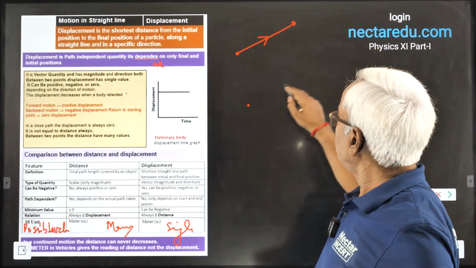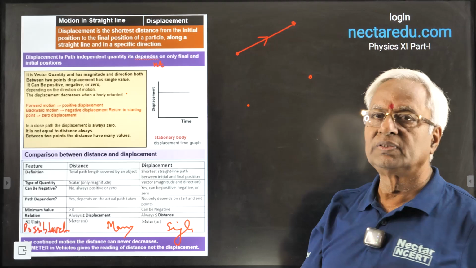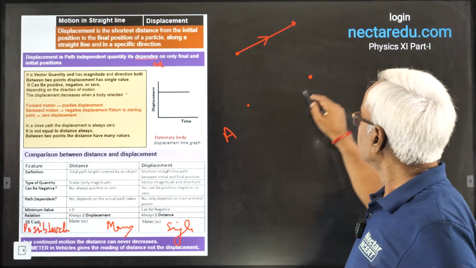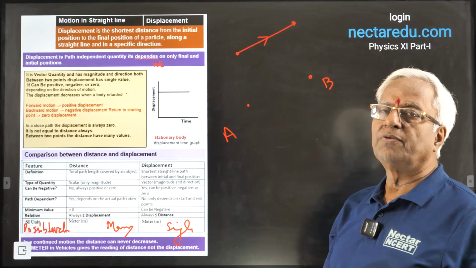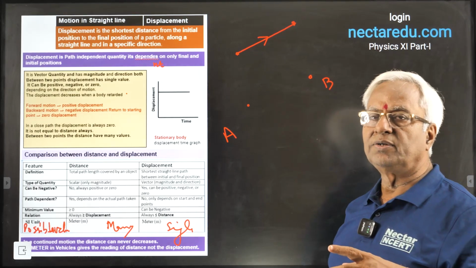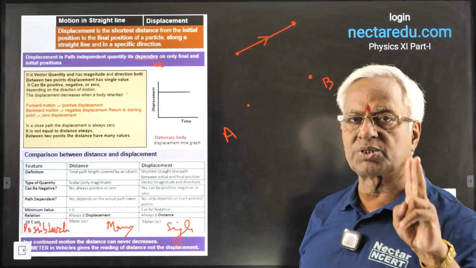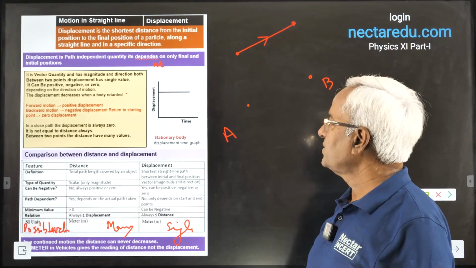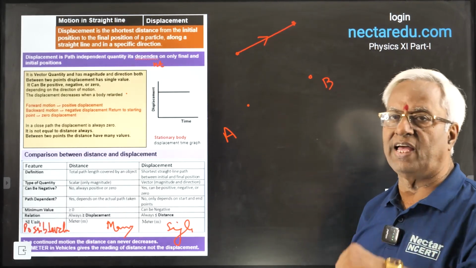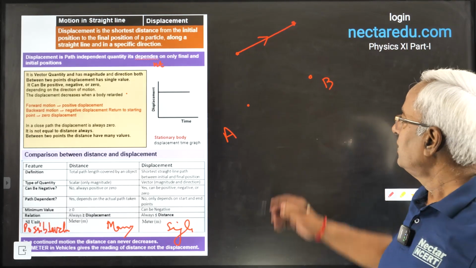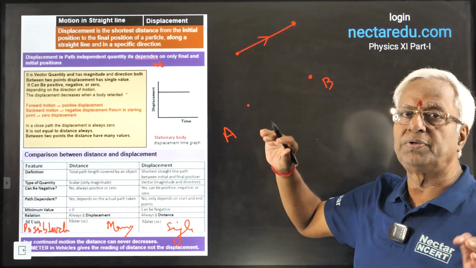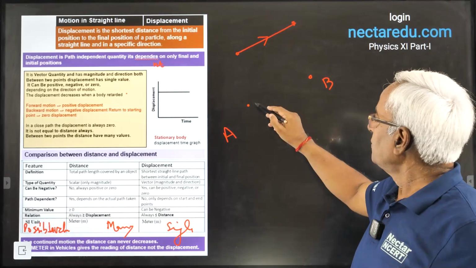You just choose those 2 points, say A and B. Between these 2 points, when the motion takes place, displacement can have only a single value, whereas the distance can have so many values depending on the path of the motion. That means displacement is not going to depend on the path.